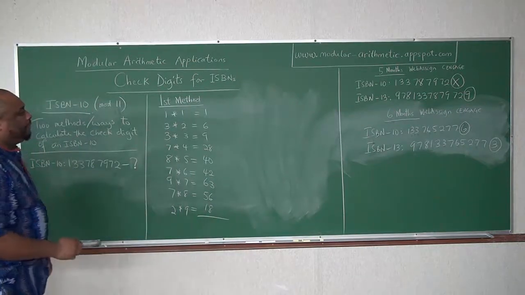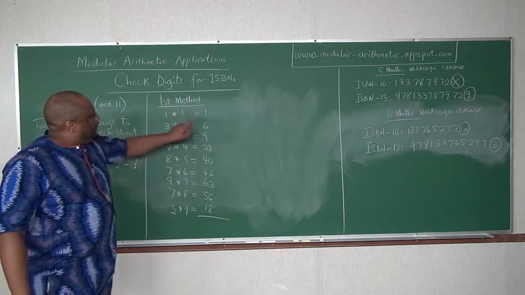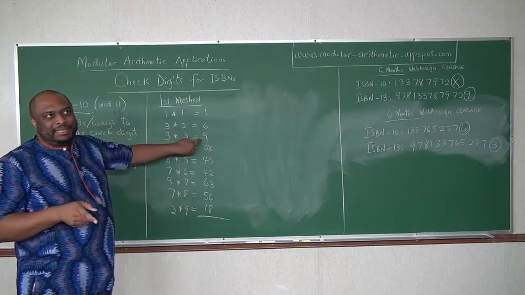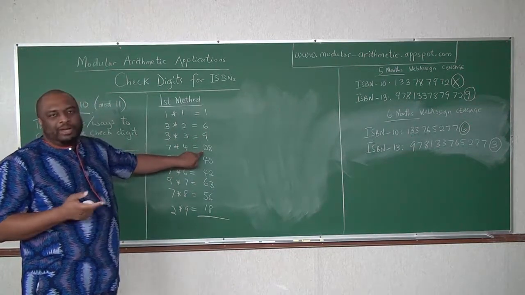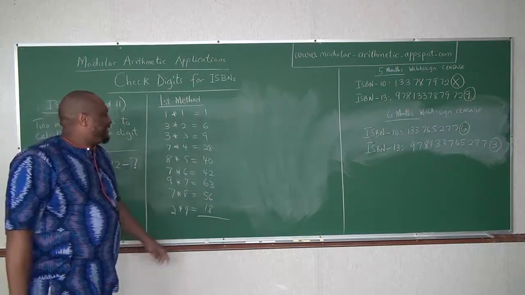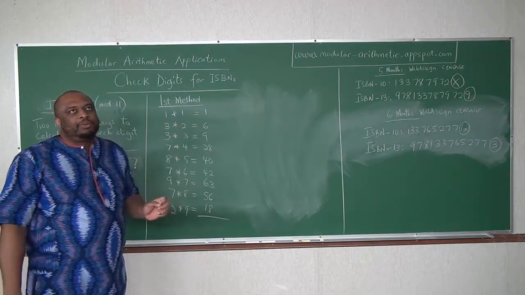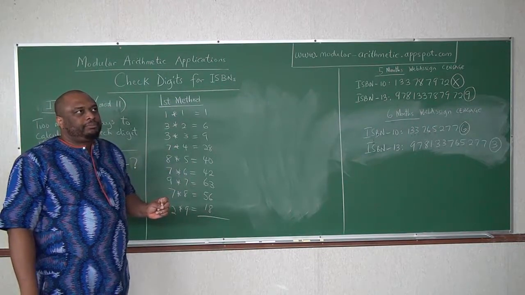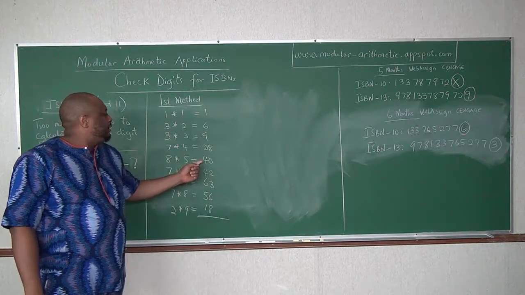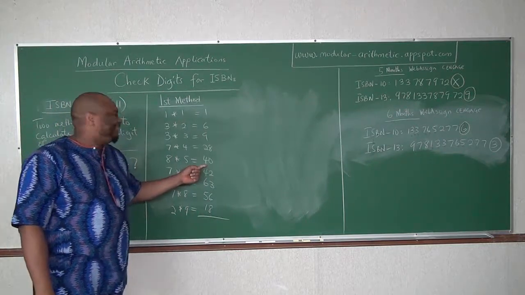Okay, let's find the sum. 1 plus 6 is 7. Plus 9, 16. Plus 28. You know, I would have brought my calculator. I forgot it. Okay, let's just do this. 1 plus 6, 7, plus 9, 16. 16 plus 28 is 44. 44 plus 40 is 84.